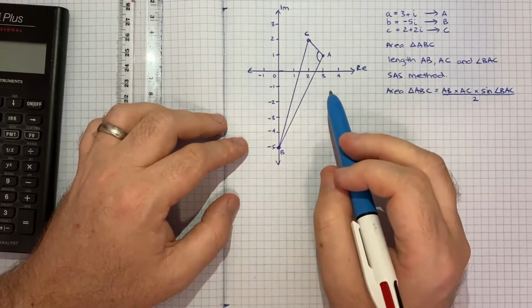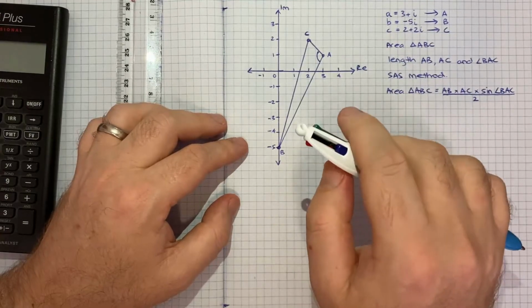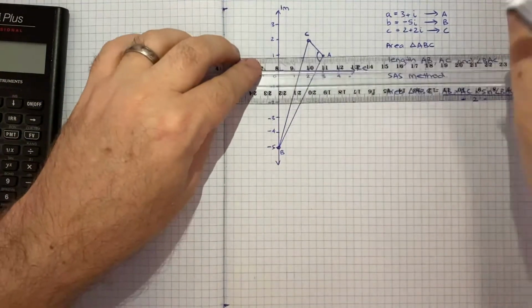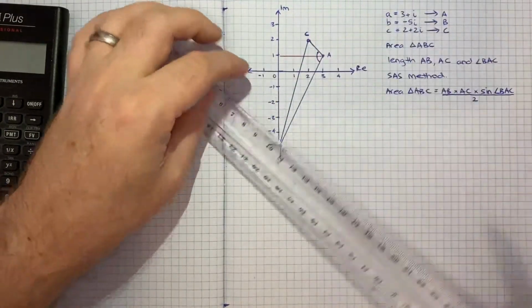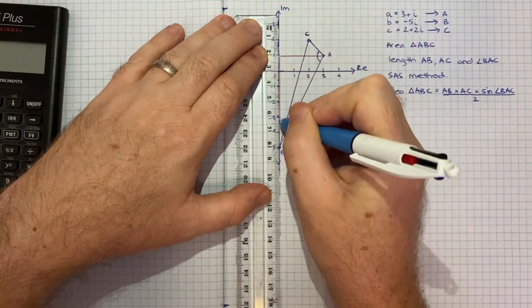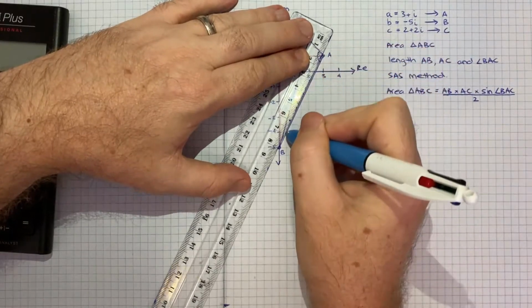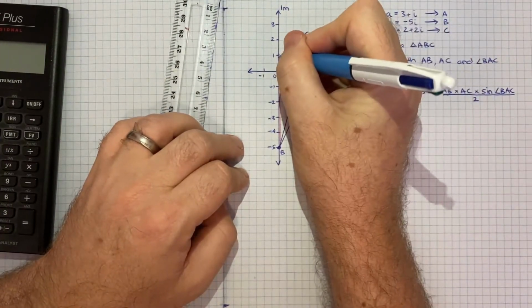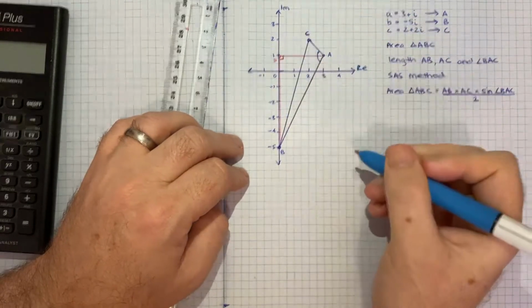So for step 1, finding all these sides, I'll use some different colours. Let's use red. The first right-angled triangle that I think will help us is this one here. If we've got ABC, I might call this point D. So we've got a right-angled triangle here.